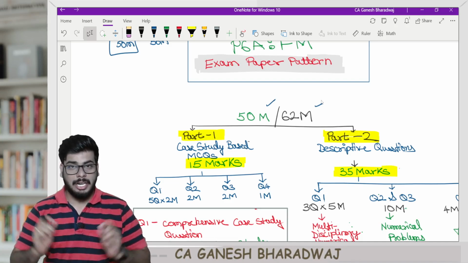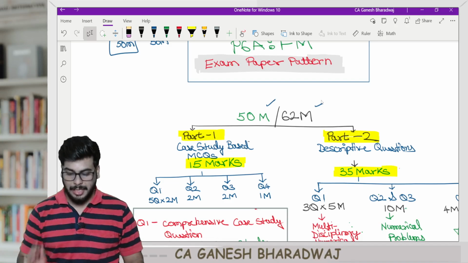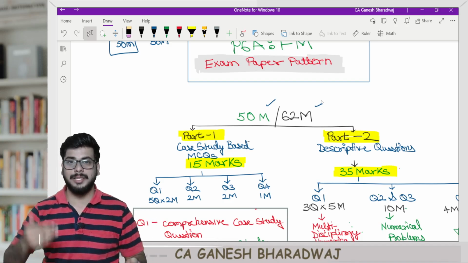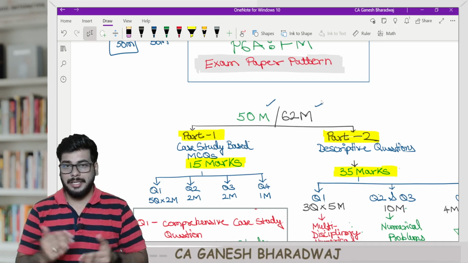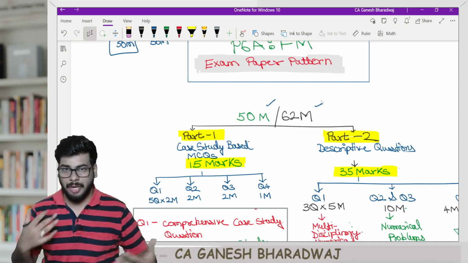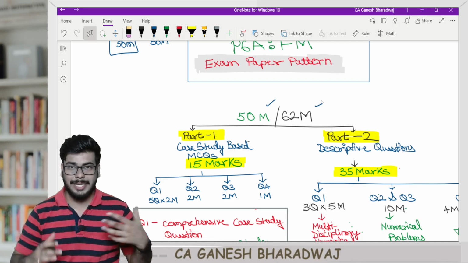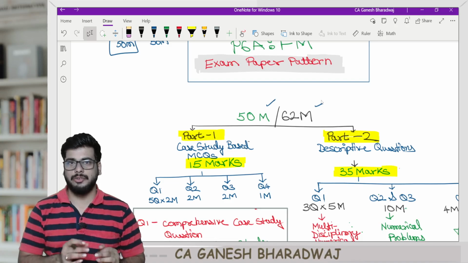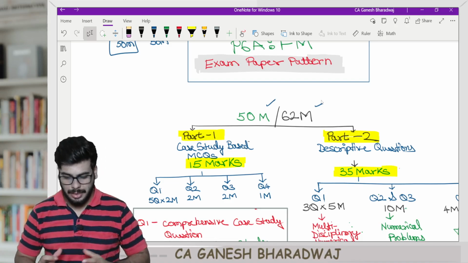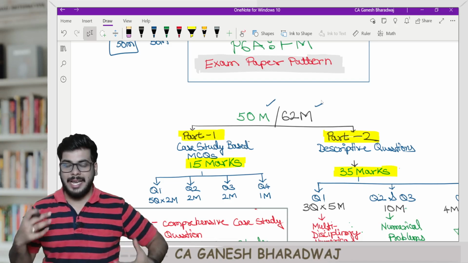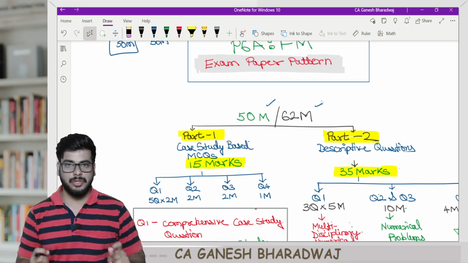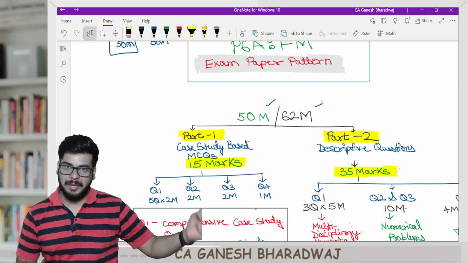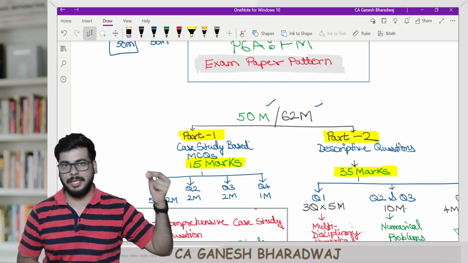Now, before I start, let me tell you that May 2024 being the first time ever, the institute has come up with a lot of changes with respect to the exam paper pattern. This is the first attempt as per the new syllabus. Hence, the exam paper pattern that I am discussing right now is purely based on the two mock test papers that have been issued by the institute.